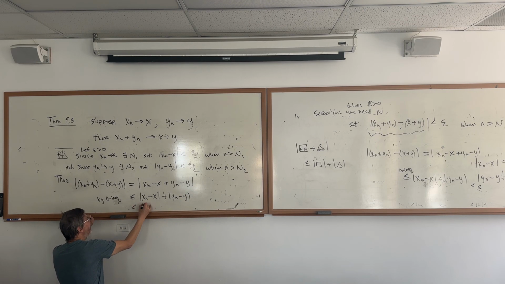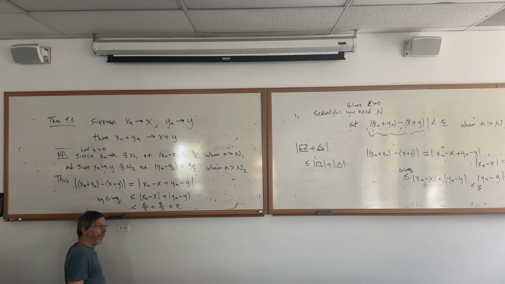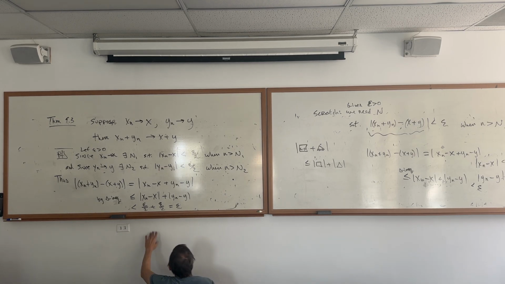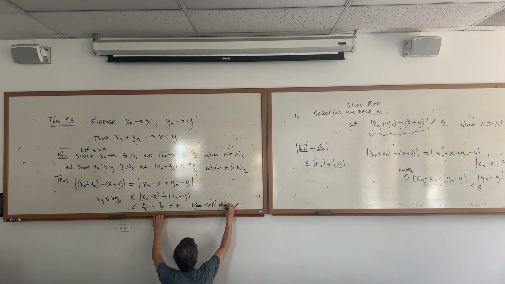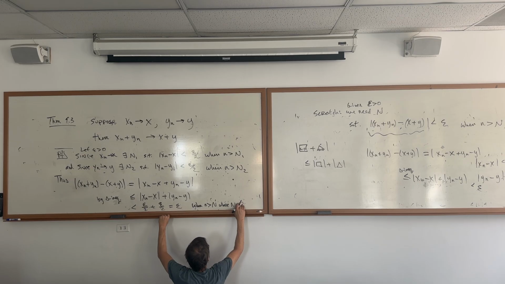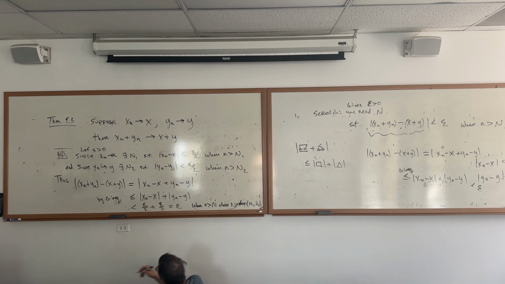And this is less than epsilon over 2 plus epsilon over 2, which happens to add up to epsilon by design, when little n is bigger than capital N, where capital N is just the biggest of those two n's over there. So capital N equals the max of N1 comma N2. And that's the end of my proof.